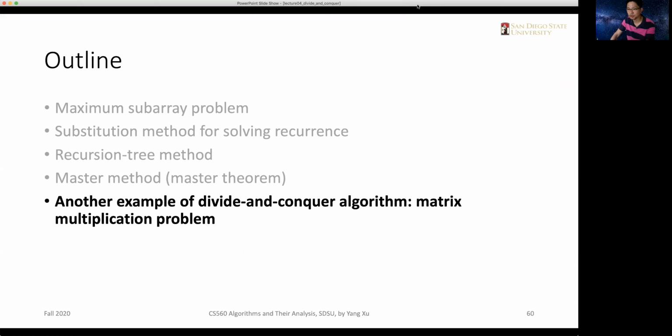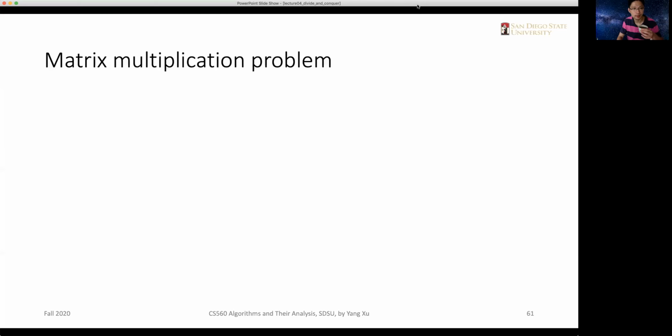It is used frequently nowadays, not just in algorithm studies, but in a lot of realms like data science and machine learning. Wherever data needs to be represented by matrices, the matrix multiplication problem is a very frequently used operation.